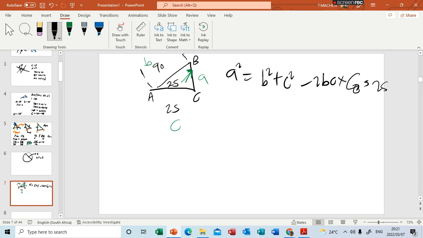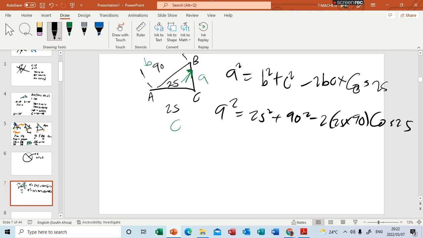If you watch that video, guys, it will assist you. So remember that your A is your CB. Just remember that. So you're gonna say A squared is equal to, you put those values, 25 squared plus 90 squared minus 2 times 25 times 90 cos 25.